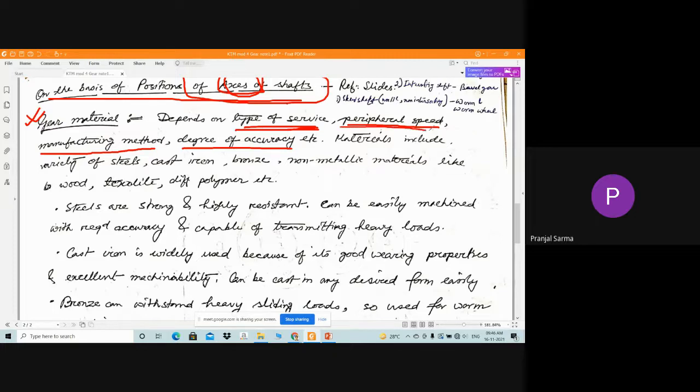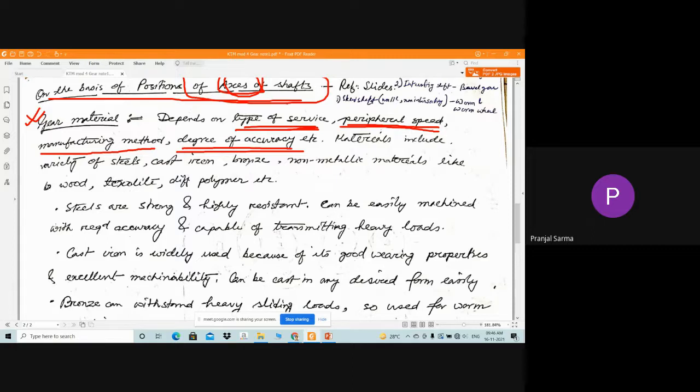Apart from that, it depends on what is the peripheral speed up to which it will be applicable. Based on that, if it is high speed gearing, low speed gearing, or ultra high speed gearing, you cannot use the same material. Similarly, degree of accuracy: take the example of the small gears in your wristwatches, or the accuracy required in gears in toy cars.